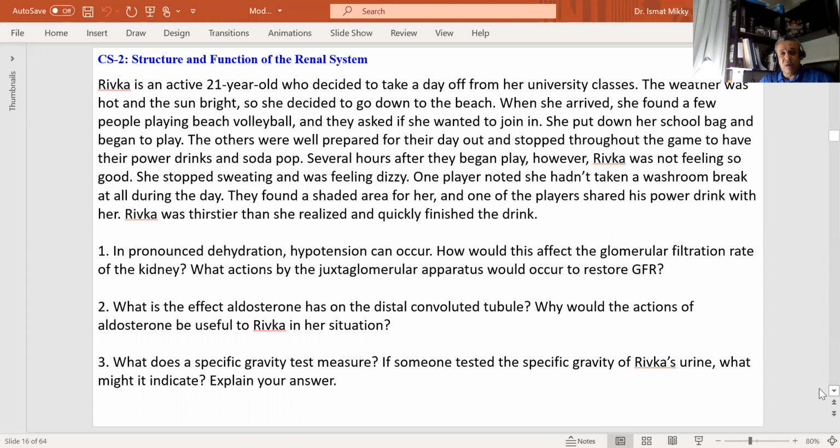This patient's urine would be concentrated based on the results, and the specific gravity would also be high, like over 1.03 up to 1.04.